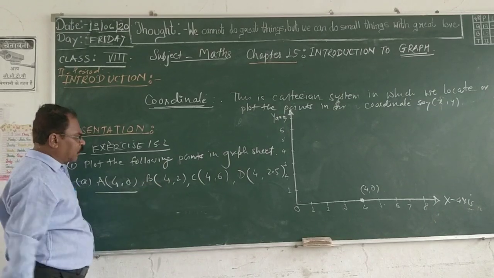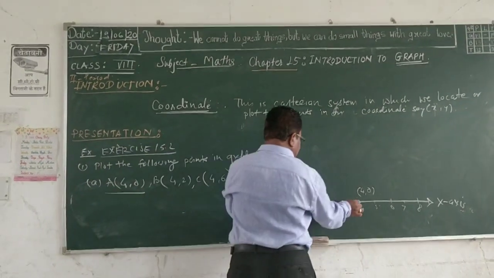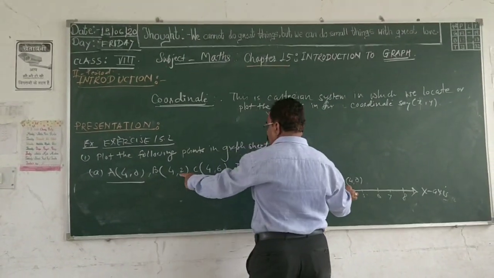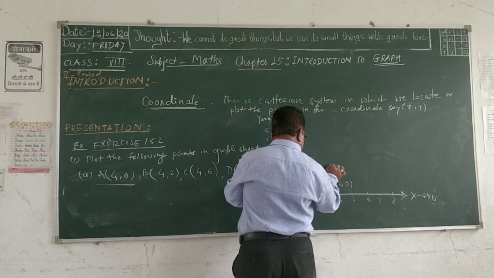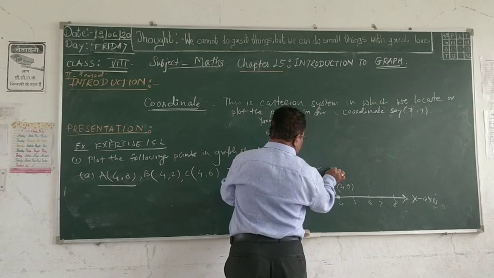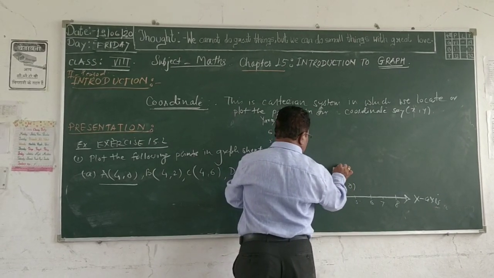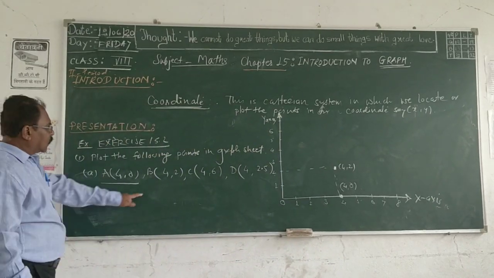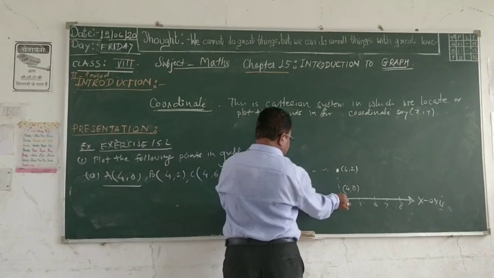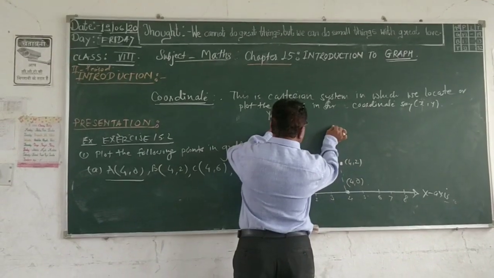Second point 4, 2. On the x-axis that is 4, and on the y-axis that is 2. So this is your 4, 2. The third point is 4, 6. So x is 4 and y is 6.